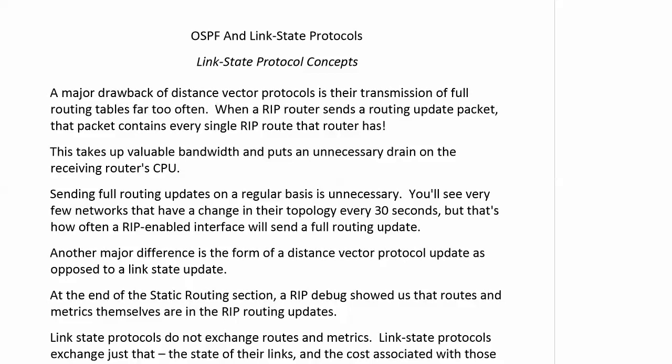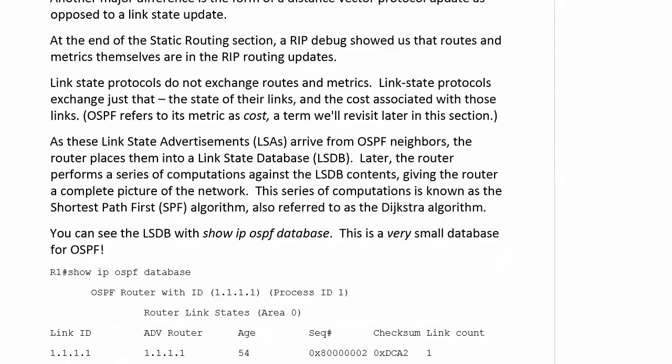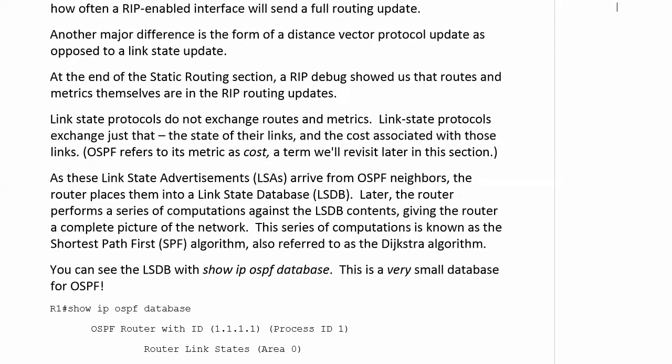Now, that's one big difference, as we're going to see in a moment, with link state protocols, because link state protocols don't do that. Another major difference is the format of the update itself. At the end of the static routing section, I ran a RIP debug, or showed you the output of one, and we saw that the routes and the metrics themselves were right there. They didn't have to be interpreted.